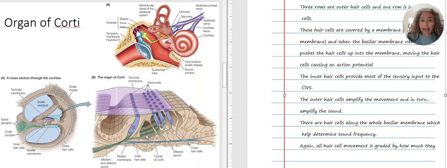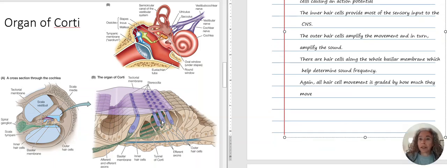So again, as this basilar membrane is vibrated, it will push these hair cells up to this tectorial membrane. These are the different little stereocilia, and how much they push up will help move those stereocilia where you get release of neurotransmitters and an action potential.